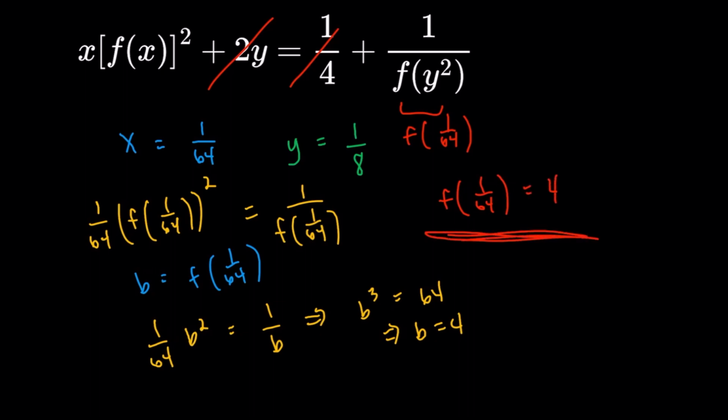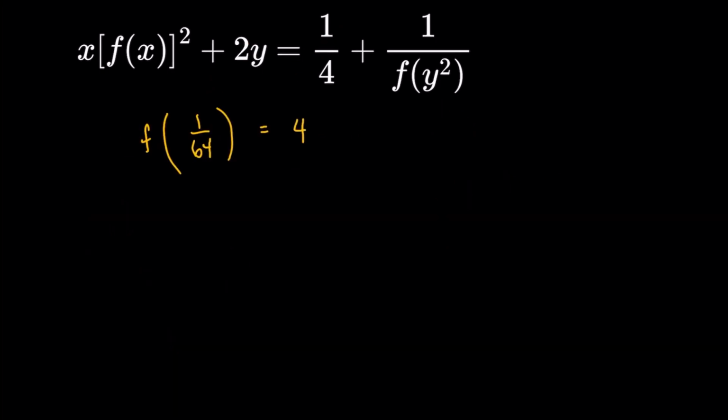Now that I have a value for f of 1 over 64, so f of 1 over 64 equals 4, I think I could make my life easier by setting x to be 1 over 64, and then I'm going to make y equal to 5. So that's in effect giving me the f of 25 here, and everything else is constant because I know what f of 1 over 64 is now.